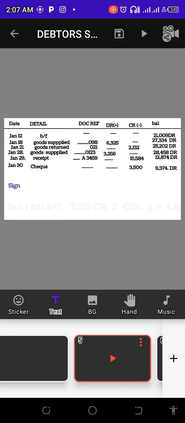Of course, this is an official document. It must be signed by an authority authorizing an official of Don Zion and Co. And the authorizing officer is Mr. Brown Smith, who is the accountant, and he is going to append the signature here as such.